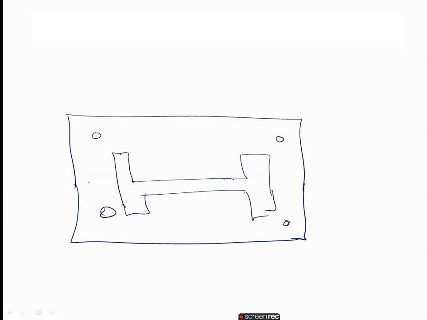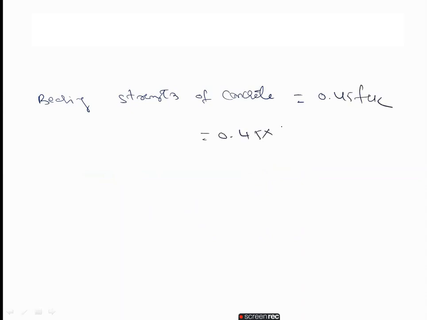Okay, now we will enter into the problem. First we have to calculate the bearing strength. The bearing strength of concrete is equal to 0.45 fck, where fck is the characteristic strength of concrete. They given M20. For M20 concrete, fck is 20. We got 9 Newton per mm square.